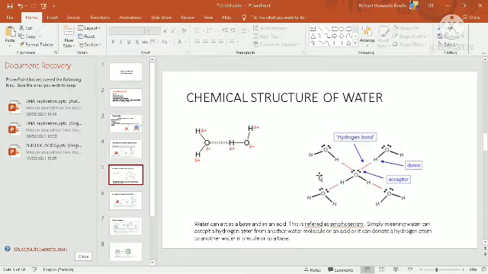So water can act both as a base and as an acid. It can act as a base by accepting the hydrogen atom, whereas this water molecule, which is donating the hydrogen atom, is acting as an acid. That is what is meant when they say water is amphoteric.